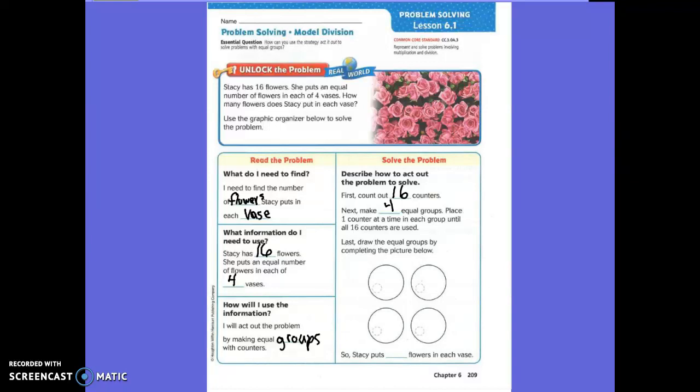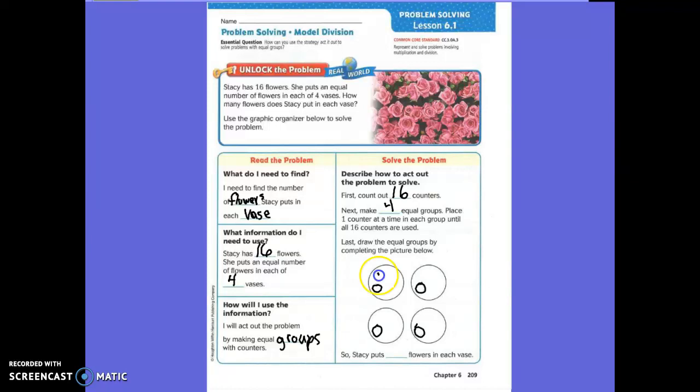Now, we didn't actually do the counters, but we can draw the counters for ourselves. How many counters were we supposed to have? 16. Okay, if we trace the ones they already have, we're putting 1 in each group. This reminds me of making an array and putting 1 in each row, but instead it's going in groups. We keep drawing 1 in each group until we're all done.